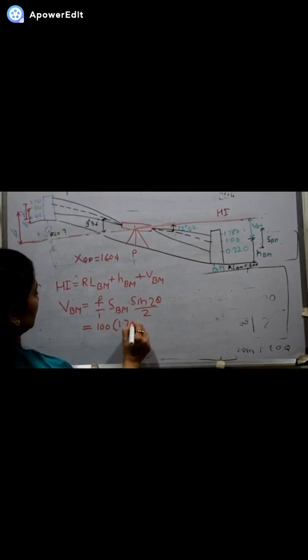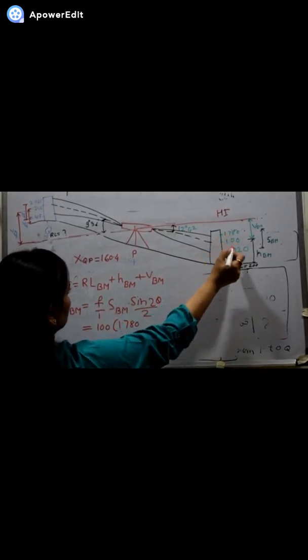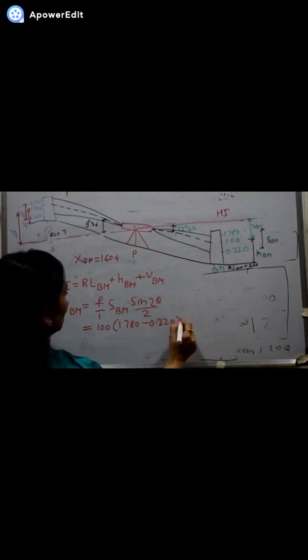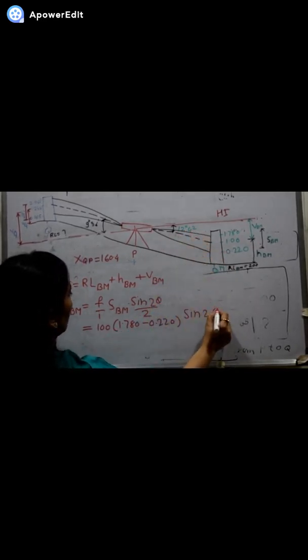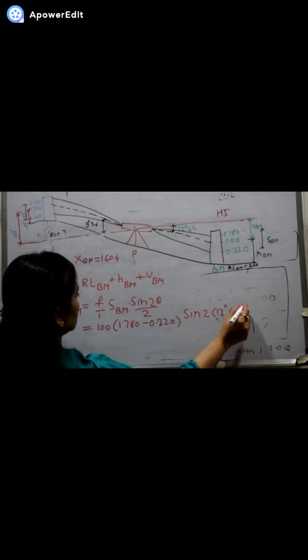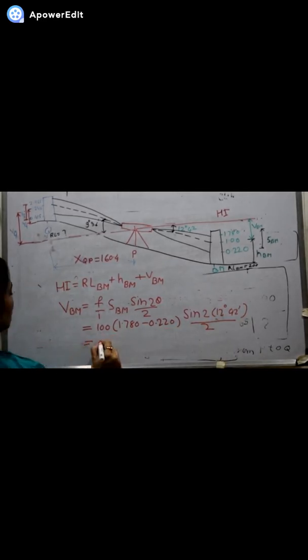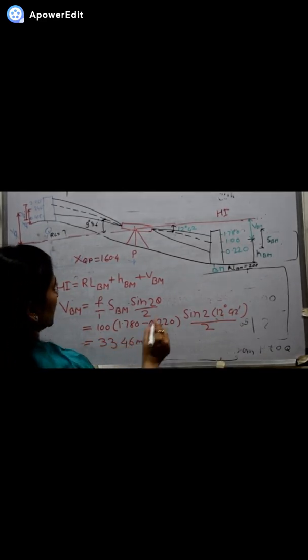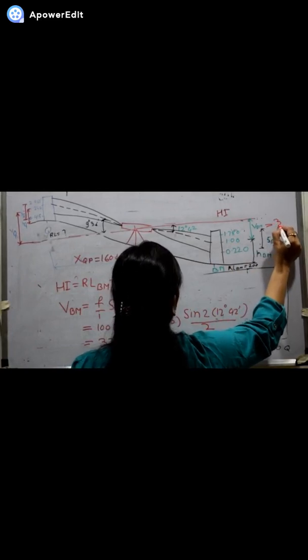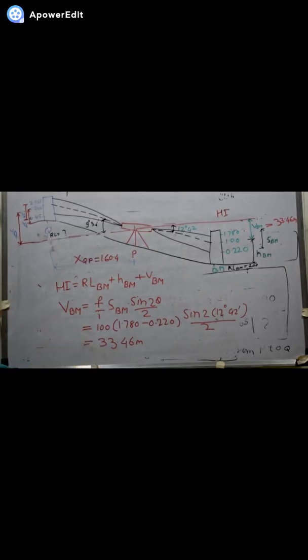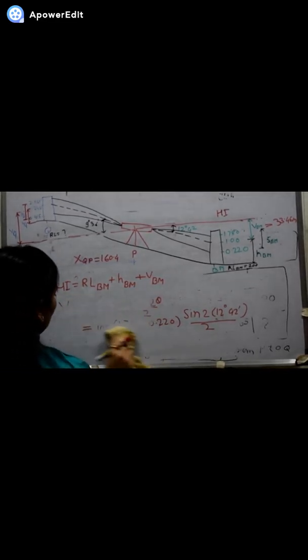It is 1.780 minus 0.220, into sine 2 theta. Now what will be the theta on this side? It is 12 degree 42 minutes divided by 2. If we do this calculation, the vertical height at the station BM becomes 33.46 meter. So this value will be equal to 33.46 meter.